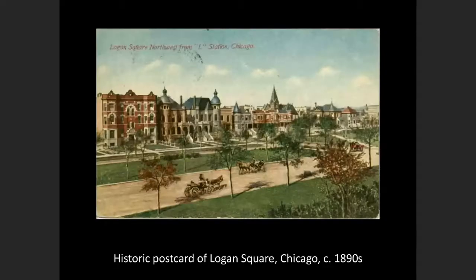Here's another view. This is in Logan Square, and these became really valuable property sites. And so in many cases, you saw grand homes that were built along here. Later in the 20th century, probably big apartment blocks, because people wanted to live along these boulevards.